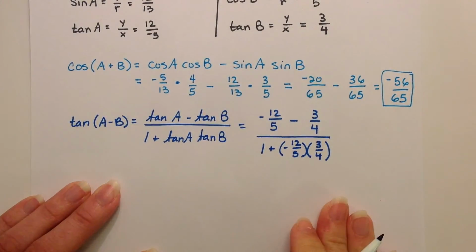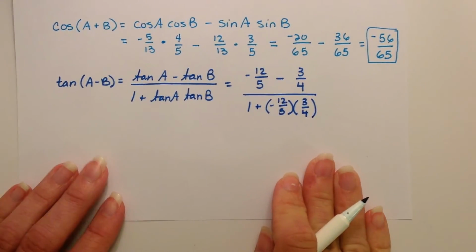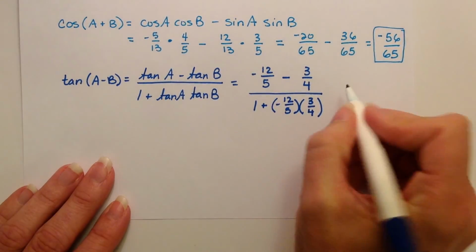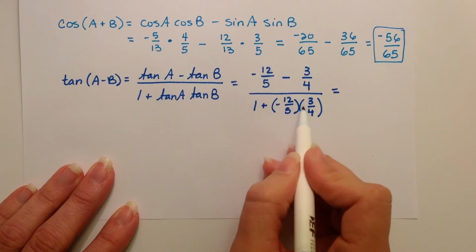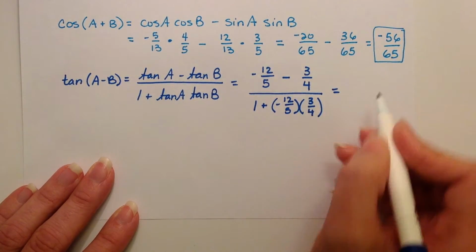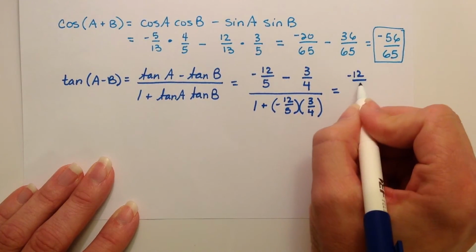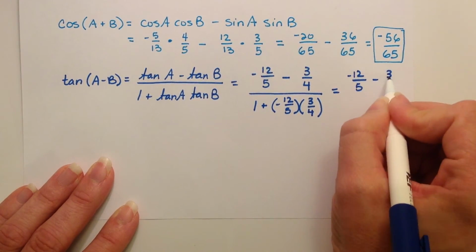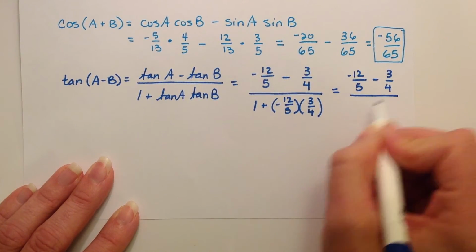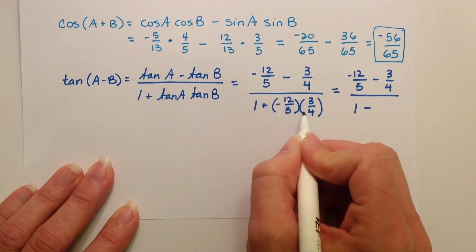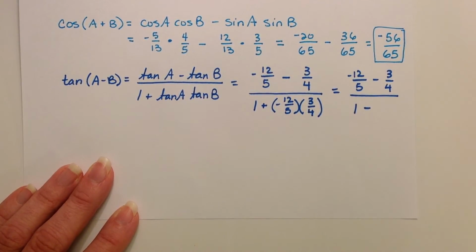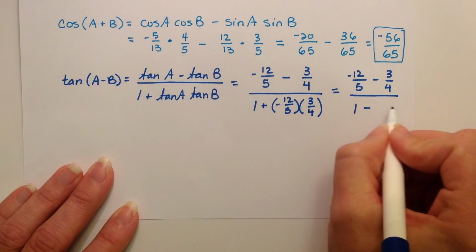Now you can use a calculator to help you out as much as you want to here. Doing a little bit of this by hand though, the first thing you need to do is multiply the two fractions that you have here. That would end up being minus when you do the multiplication. So we'll have 36 over 20, and then 36 over 20 will reduce to be 9 over 5.